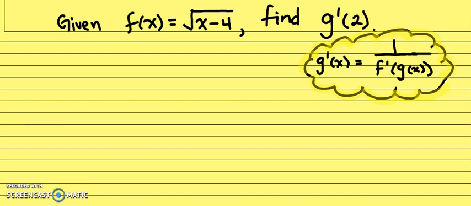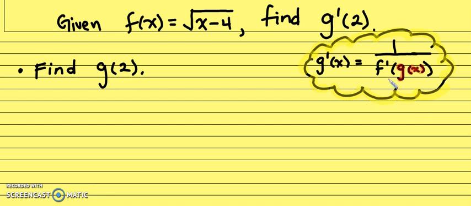Hopefully, one of the things that you're thinking of is that we need to find g of x. Or in this case, g of 2. Because if we're looking for g prime of 2, then this rule pretty much ends up saying that g prime of 2 is equal to 1 over f prime of g of 2.